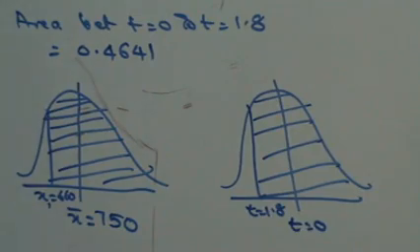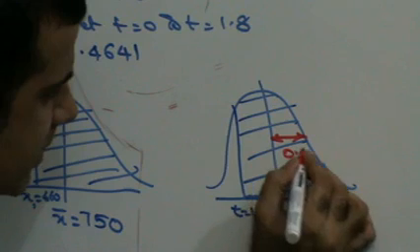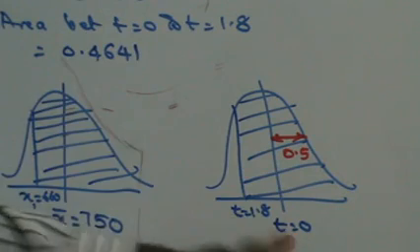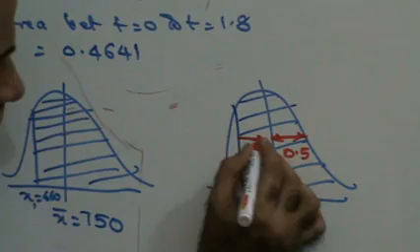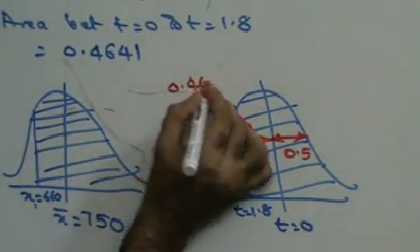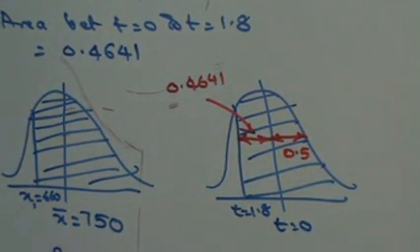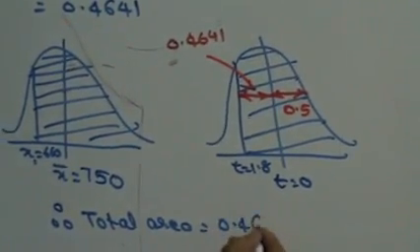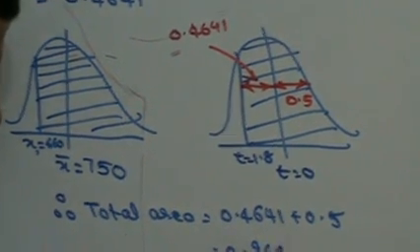They have given you that the area between T is equal to 0 and T is equal to 1.8 is 0.4641. Therefore, the total area will be 0.4641 plus 0.5, that is 0.9641.